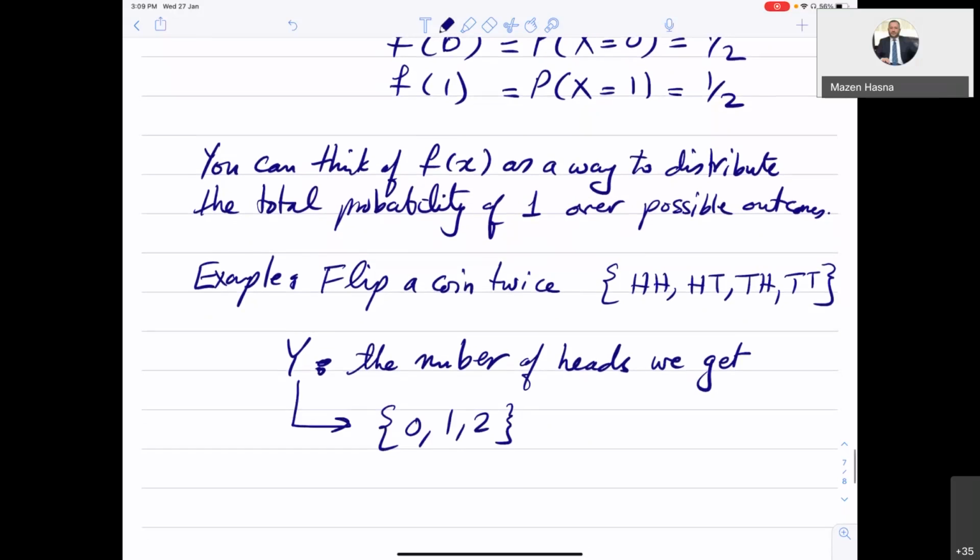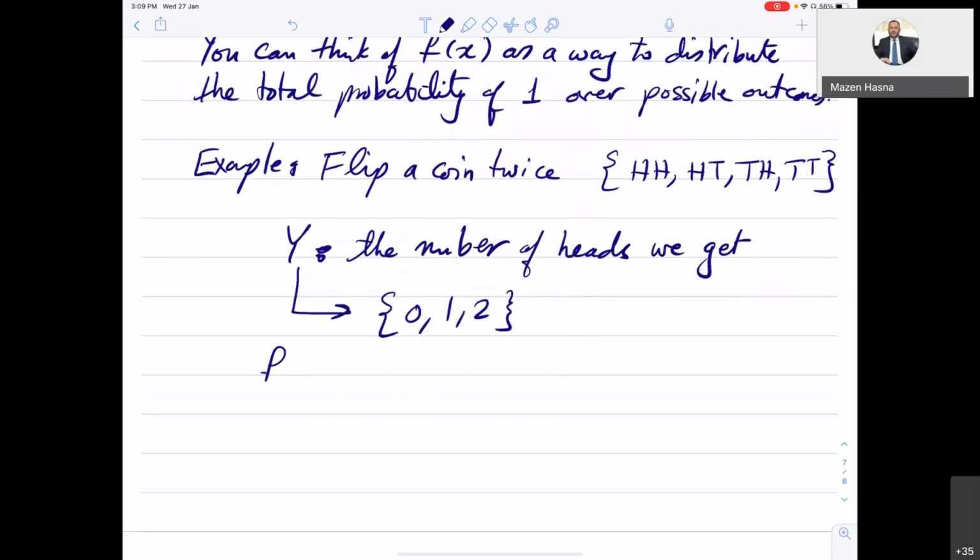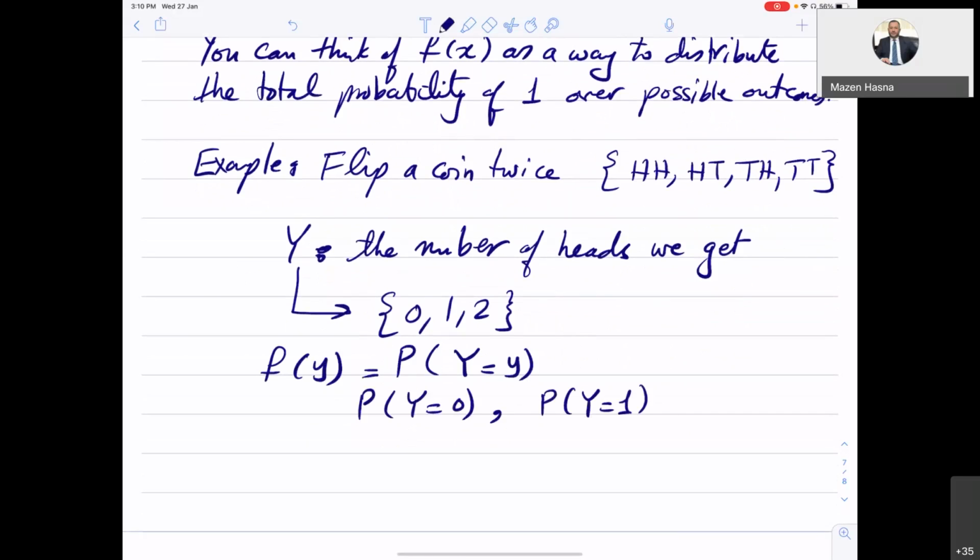So now, what's f of y? Again, by definition, it is the probability of Y equals small y. So I have 3 possible values. I have probability of Y equals 0, probability of Y equals 1, and probability of Y equals 2.